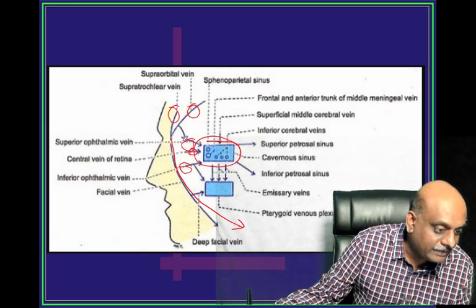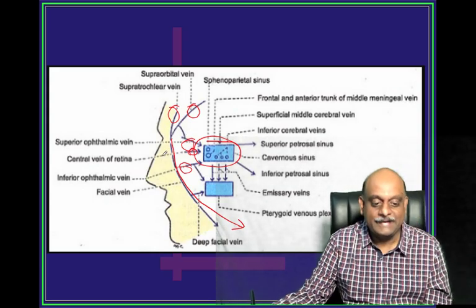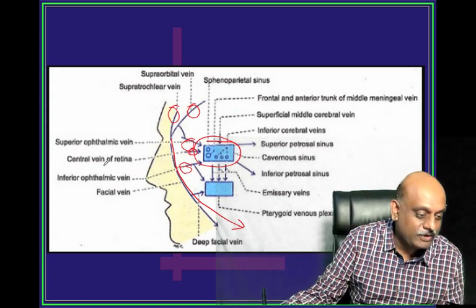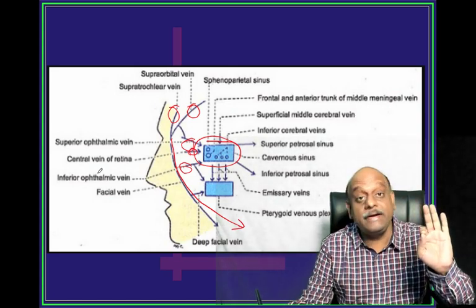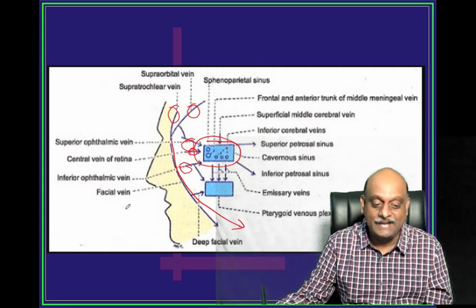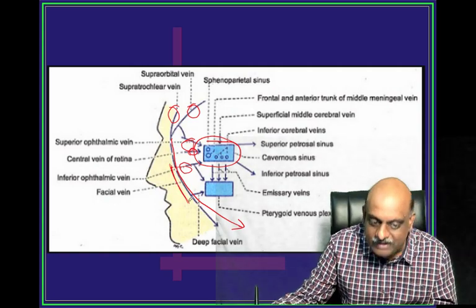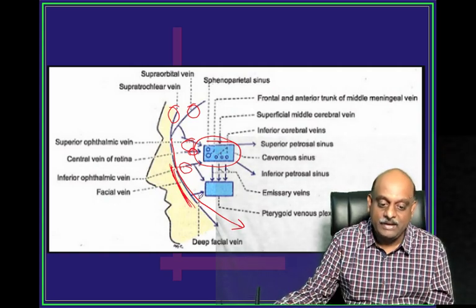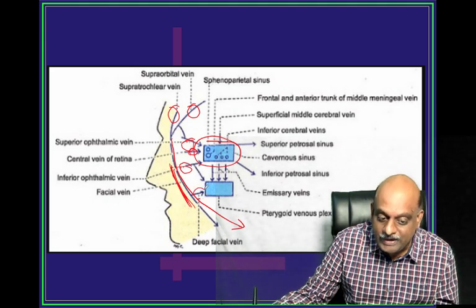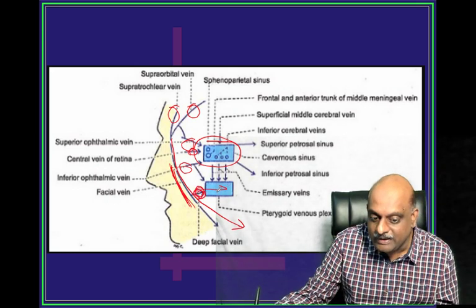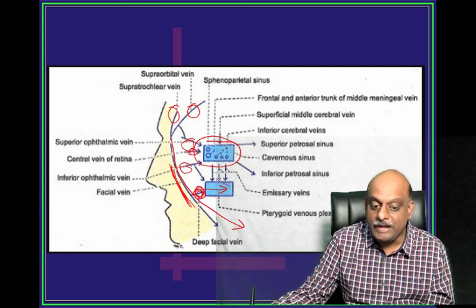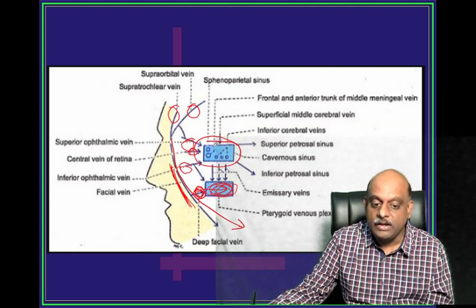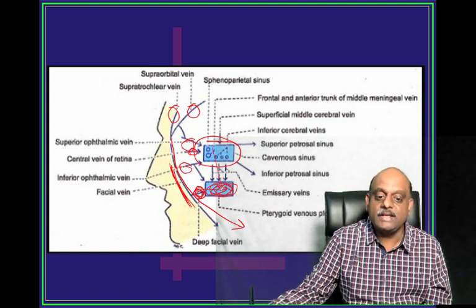Yeah, that's right. So all roads lead to the cavernous sinus, and the examiner is very interested to know what those roads are. So a facial vein, जो है डॉक्टर, through the deep facial vein, it will go and merge with the pterygoid venous plexus, into which your cavernous sinus is also draining.